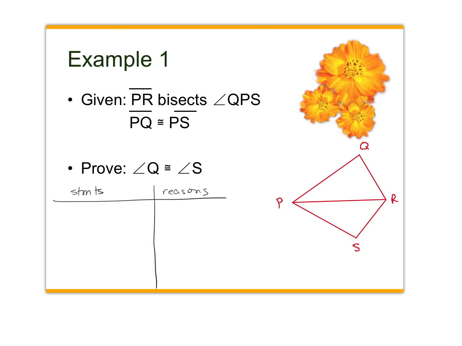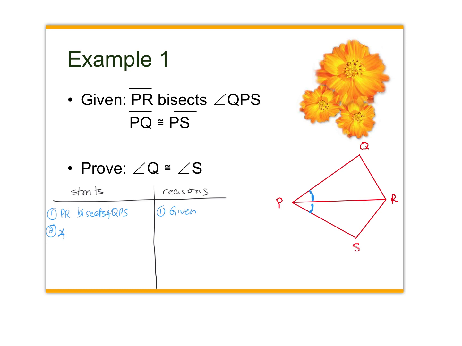They tell you that PR bisects angle QPS. Well, if it bisects angle QPS, and I know that's my given, I'm going to see what I can conclude from that. If PR bisects QPS, then that means that QPR is going to be equal to SPR. How do we know that?